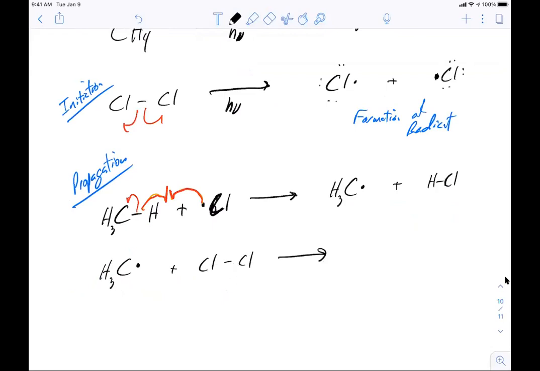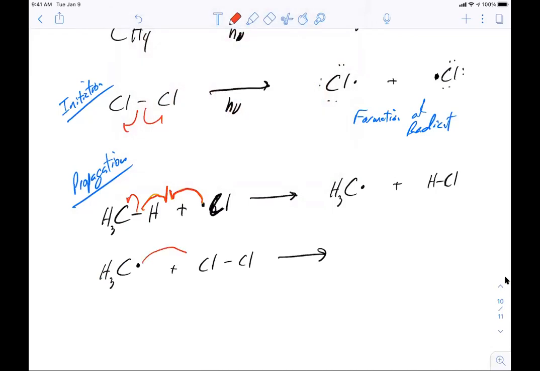Now, the way to think about this is that not all the chlorine is initiated at the same time. In fact, all I need is a little bit of the chlorine to be initiated for the propagation step to occur. You never have instantaneous reaction of every single molecule in a solution or process at one time. So you're always going to have some chlorine radicals and some chlorine left.